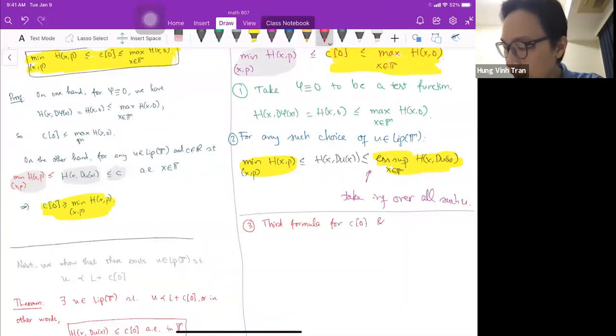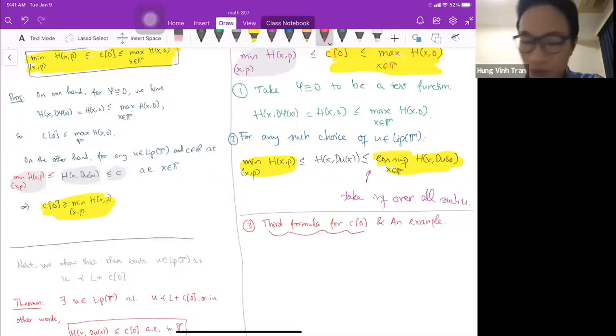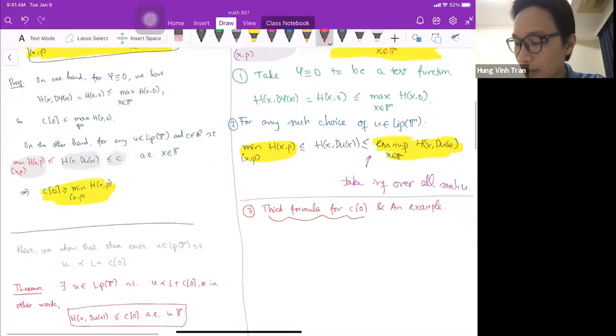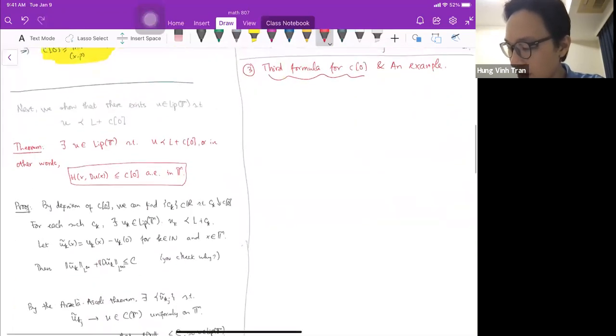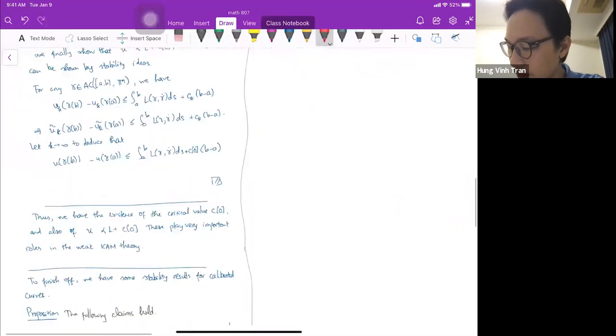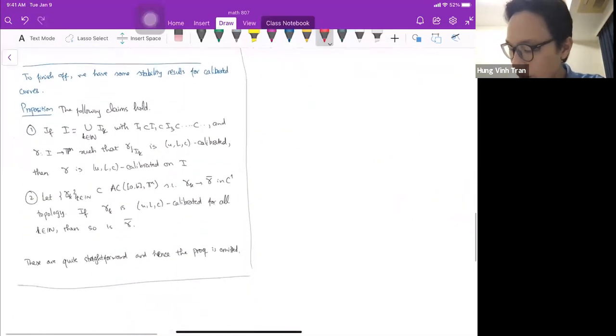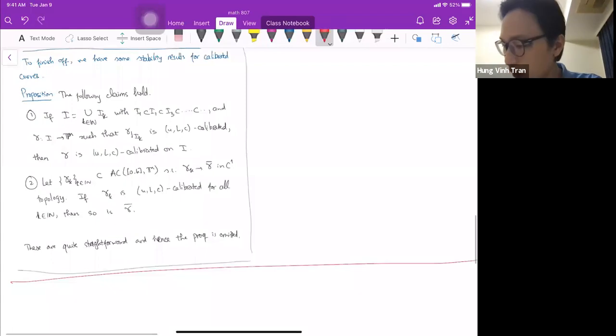And then I also want to give you an example before we move on to the point that we're going to prove that C naught is also admissible. Actually, I want to leave this space for later, so let me go down, so that I'm not using that space.